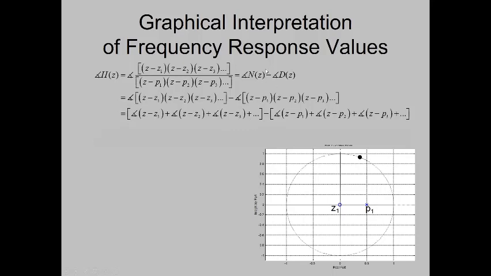And I'll subtract off the sum of the angles from all the poles. So again, I'll draw vectors from all the poles to that point, add up all their angles measured from the horizontal, and then subtract the sum of the pole angles from the sum of the zero angles and get the total phase of the system at this operating point.